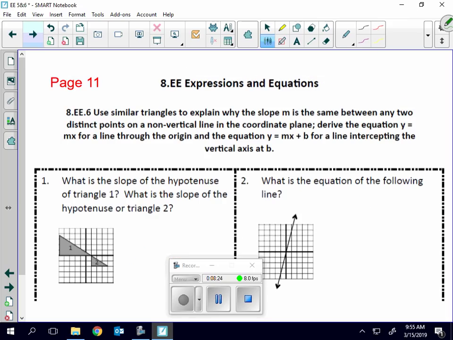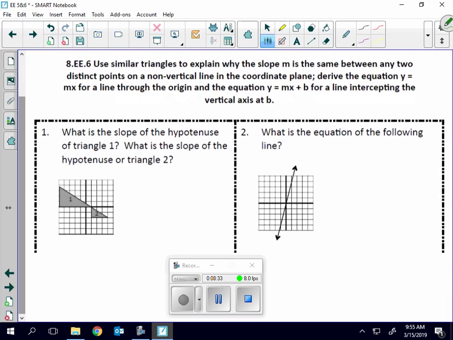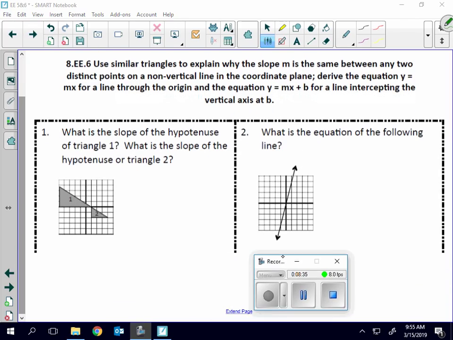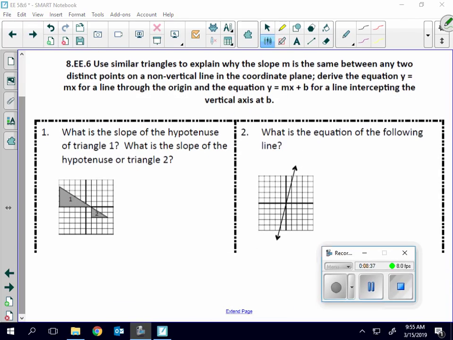All right, page 11. What is the slope of the hypotenuse of triangle 1? What is the slope of the hypotenuse of triangle 2? Well, as you can see, they both lie on the same line, which means they have the same slope. But let's check it out just to be sure.